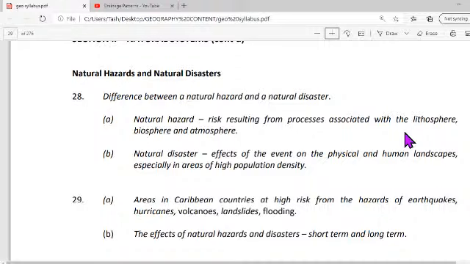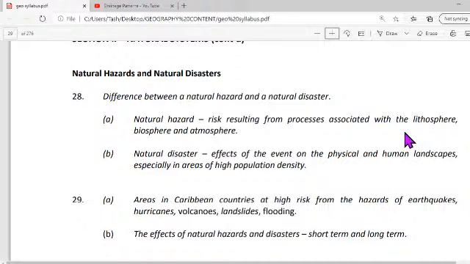The hazard has the potential of becoming a disaster, but it is not a disaster yet until it actually happens. All right? The disaster now is when you have a natural hazard that has happened and it has negative effects on the environment. So, that is the main difference between your hazard and your disaster.